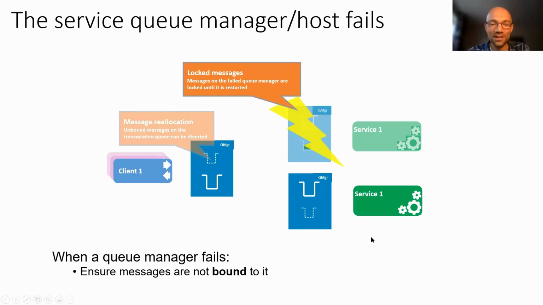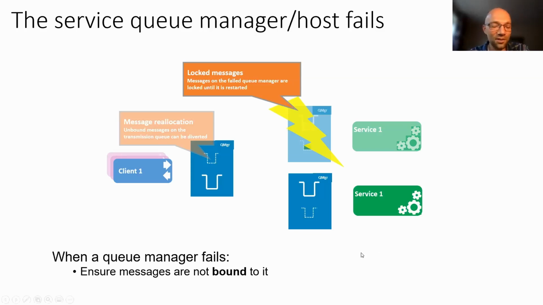So the other place where messages can be stuck when the queue manager goes down is, of course, on the queue manager itself that has failed. And in this example, we have two queues that might have messages on them. We have the actual service queue, and we also have the transmission queue for the replies.